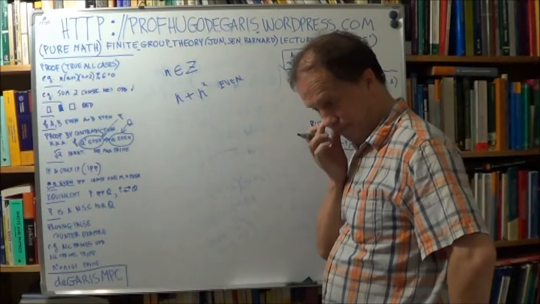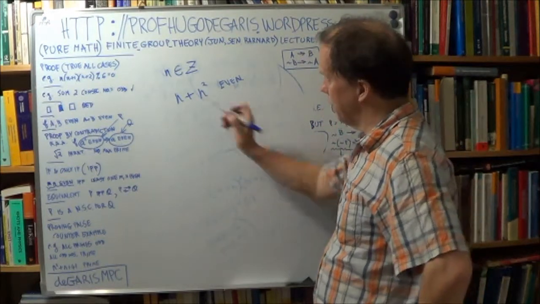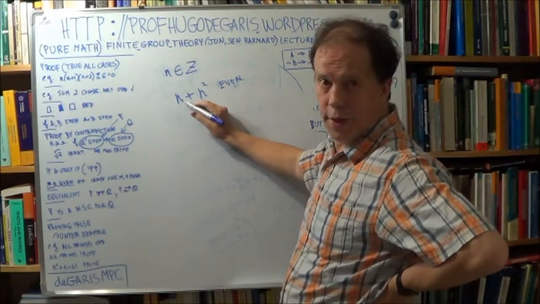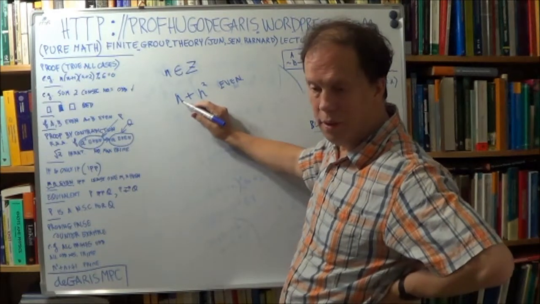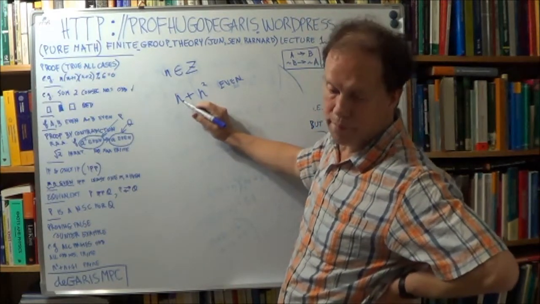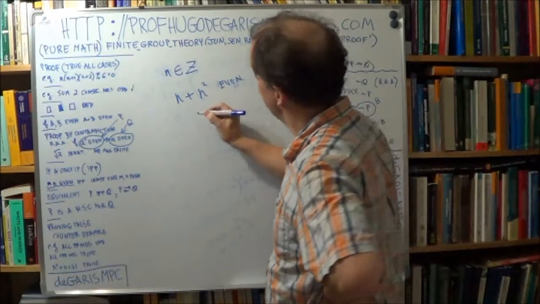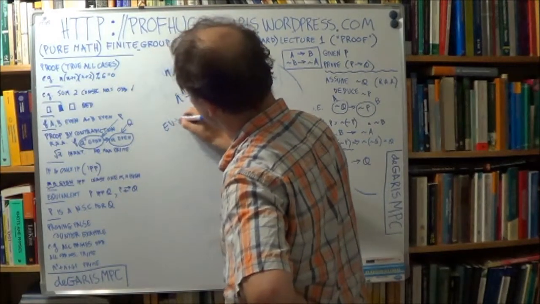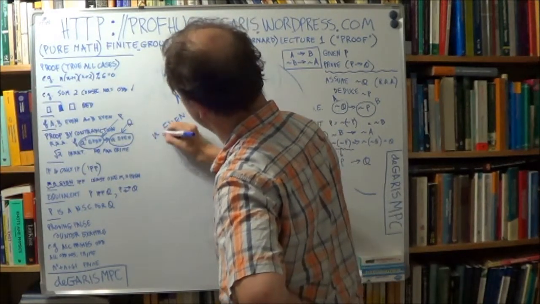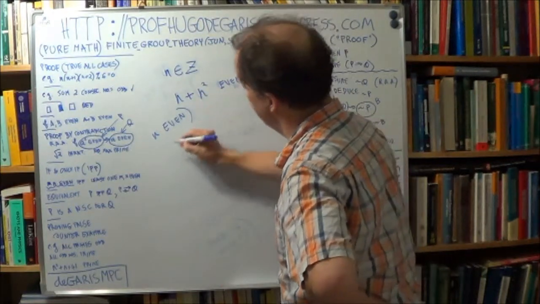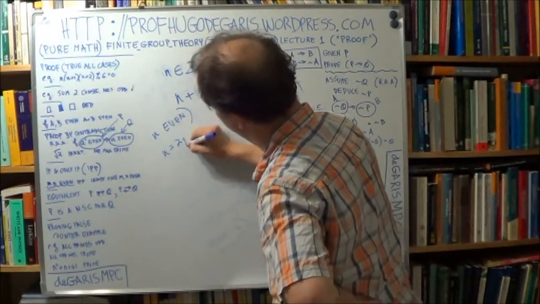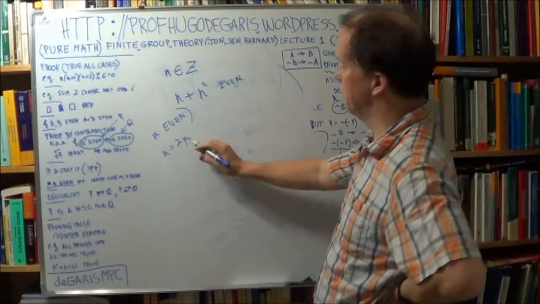Well, now it's the same number, right? You're using the same number. Now it's an integer. Now there are only two cases with integers. They're either odd or even. So let's do the two cases. If n is even, then n takes the form of, say, 2p, where p's an integer.